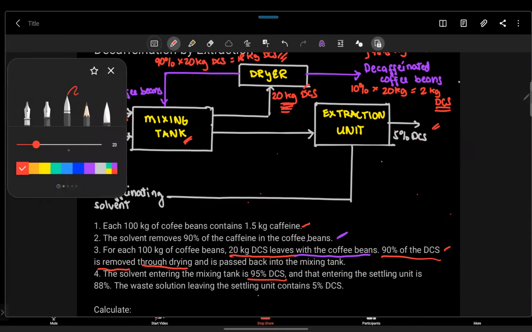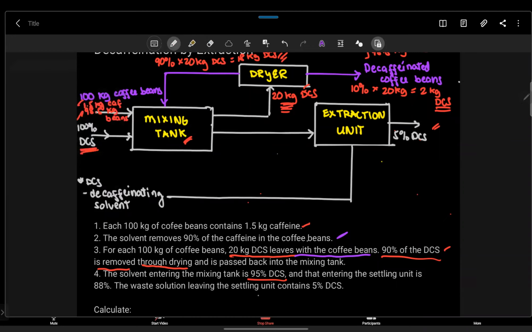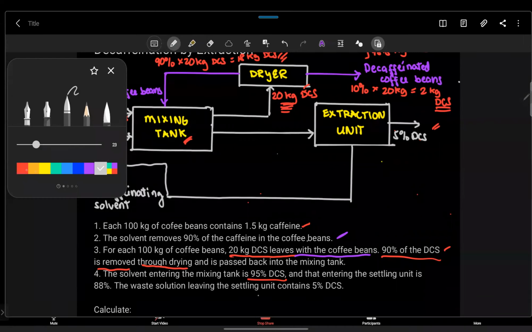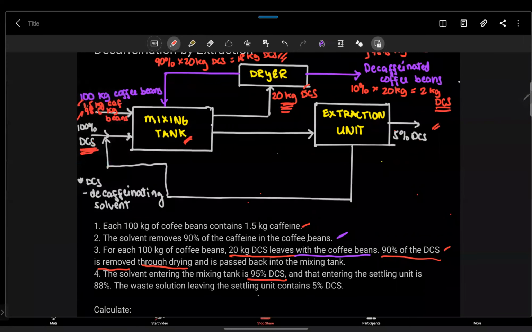Yan yung ating recycle stream. Now, yung fresh feed natin, malamang yung solvent na gagamitin natin, 100% yan na DCS. Pero ang tanong, ilang percent yung DCS dito sa mixed stream natin? So, sabi sa number 4, 95% daw.